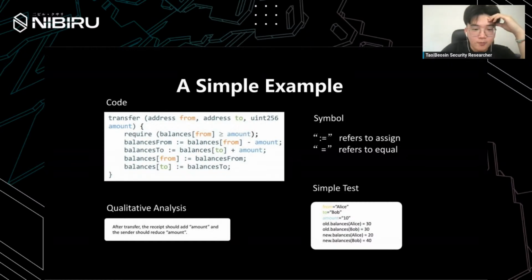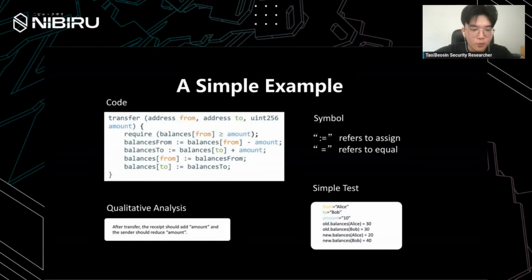If we want to transfer some crypto assets to another address, or to yourself, first we need to check whether the balance of the sender is greater than or equal to the amount that the sender wants to send.